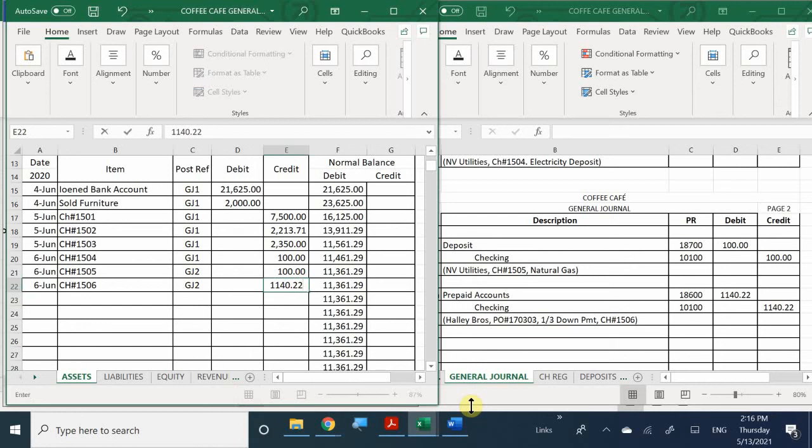And therefore now, if we have the formula in there, because we're decreasing the amount of cash we have in our bank, we finally dropped down to $10,221.77.